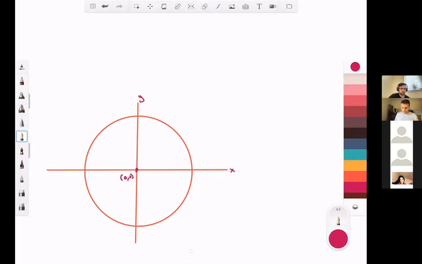And also we know the radius is 1, r equals 1. This direction is positive and that one is negative, you already know. We already know that this is 0, pi half, pi, 3 pi half, and 2 pi, correct? One revolution.